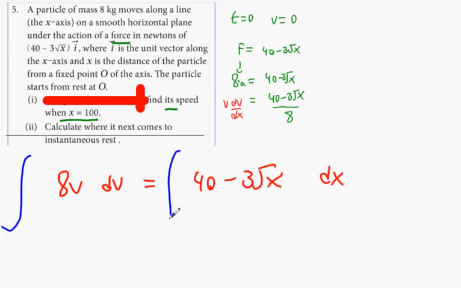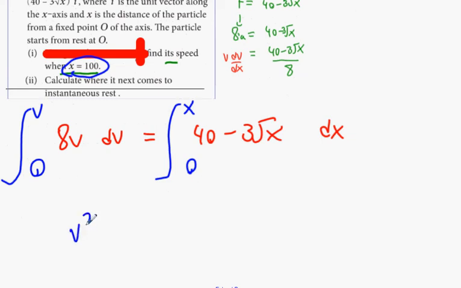Somebody give me some limits here. v and x. We're going to use x equals 100 at the very end. What about underneath? At the very beginning, if you start off at rest and you haven't covered any distance, the two of them are 0.